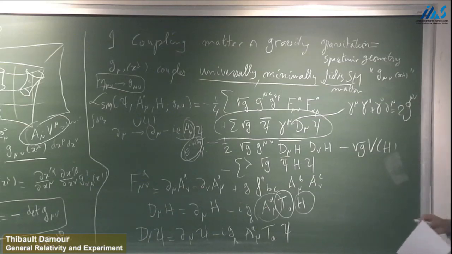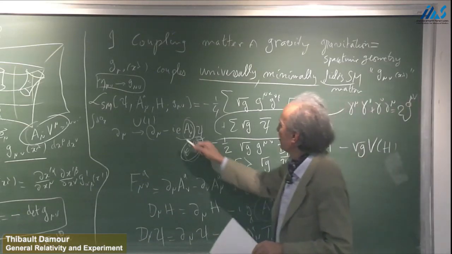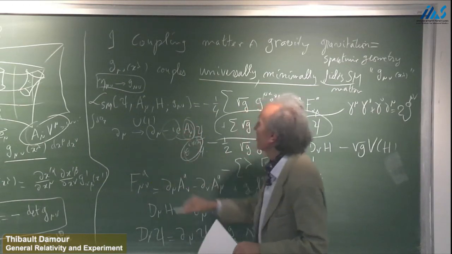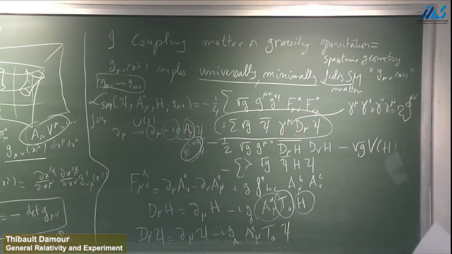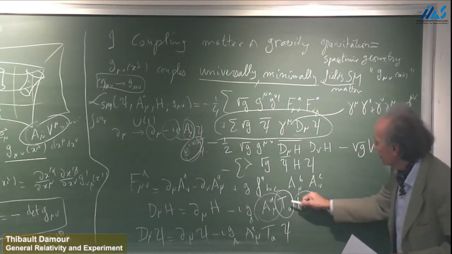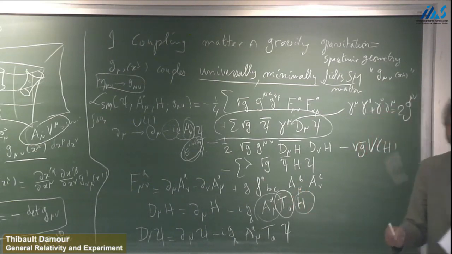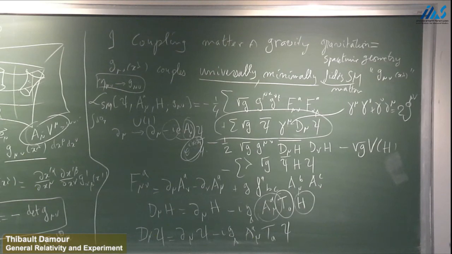And by the way, it is usual in physics to write these things with minus i, okay? There is a minus i if you want this matrix to be Hermitian, okay? But in mathematics, it is usually better to work with anti-Hermitian matrices. So this means absorbing the minus i in the matrix T, so that when you take the commutators of two matrices T, you don't have an i on the right-hand side.